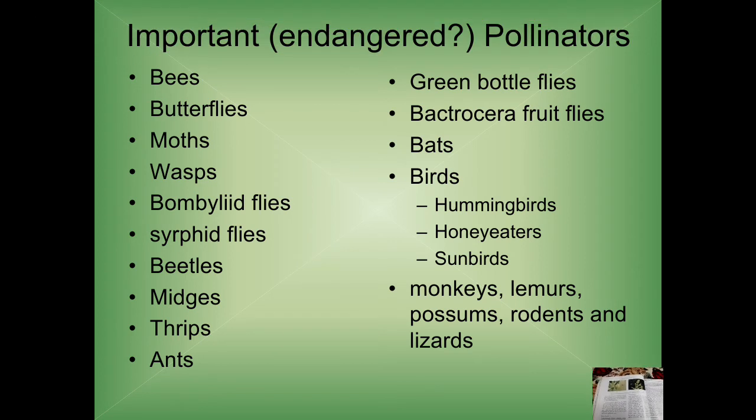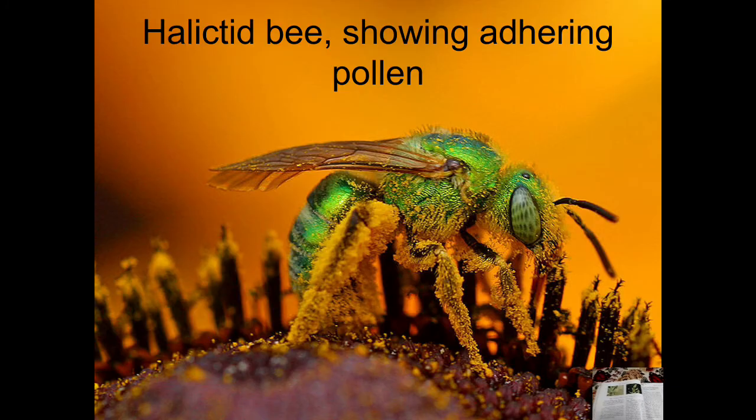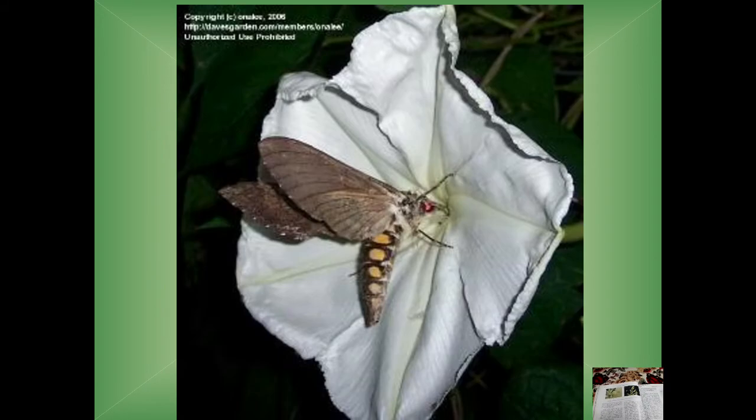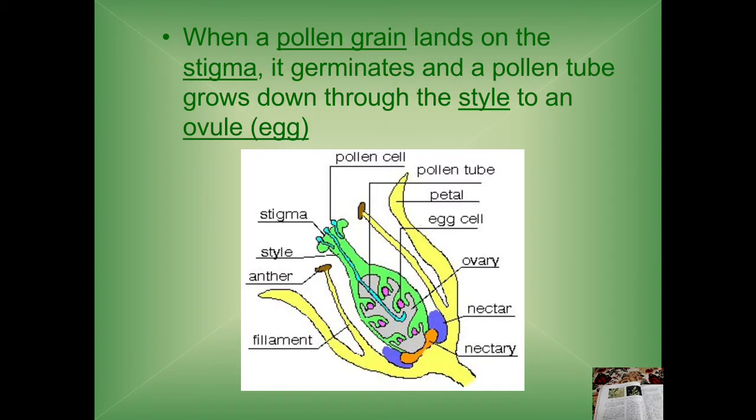So these are examples of pollinators. Next, when pollen grains land on the stigma, it germinates and the pollen tube grows down through the style to an ovule. So students, this whole phenomenon you already know from the previous class.